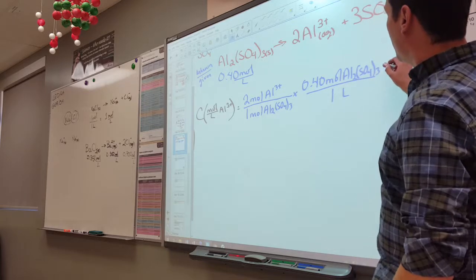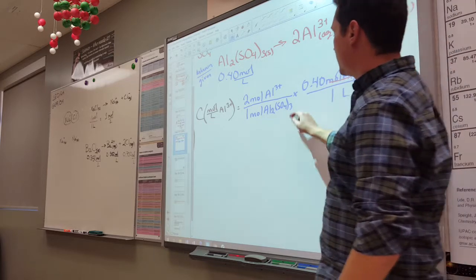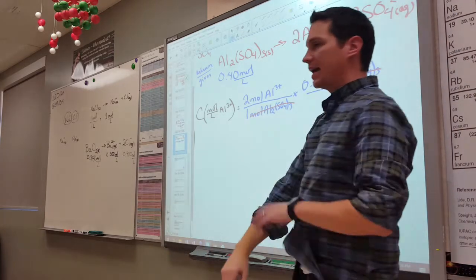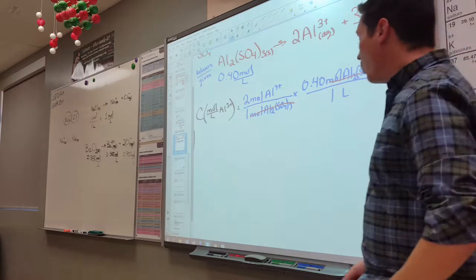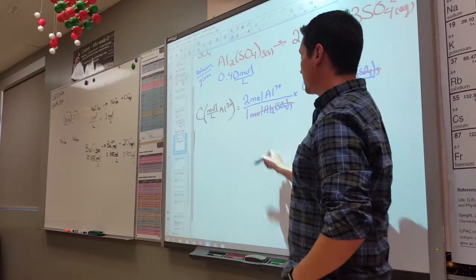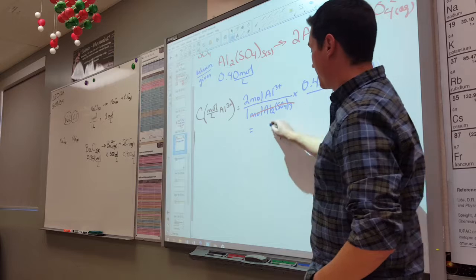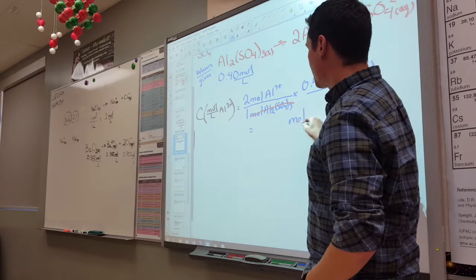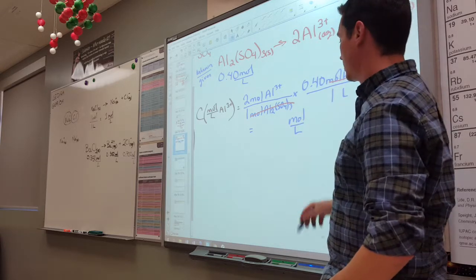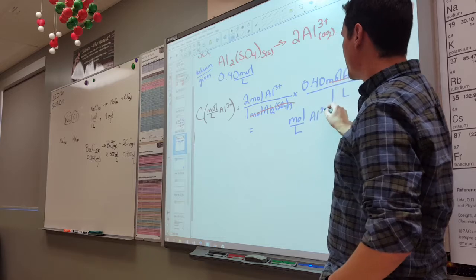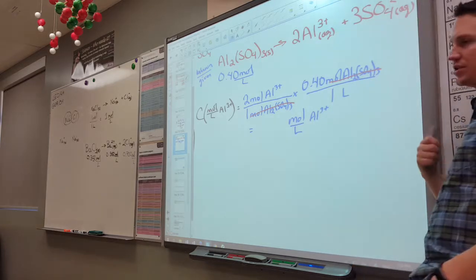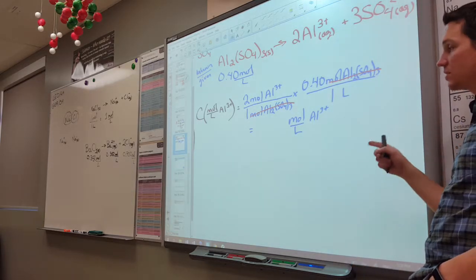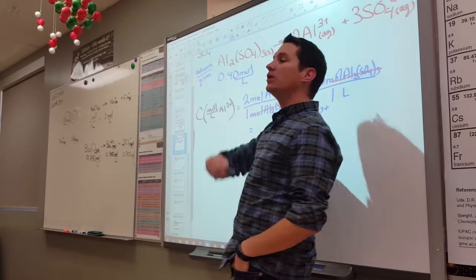So moles of aluminum sulfate and moles of aluminum sulfate cancel out. What are my units going to be for this? Moles per liter. Moles per liter of what substance? Of aluminum ions. And that's how you know you got this right, because the units are telling you exactly what you wanted to see.